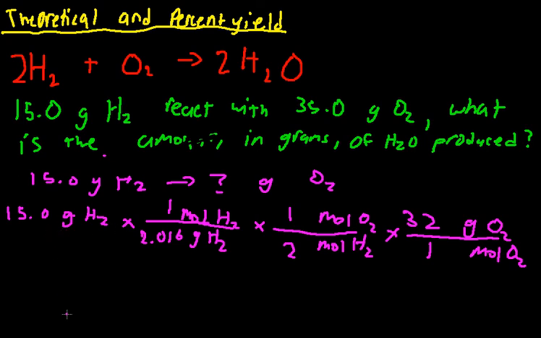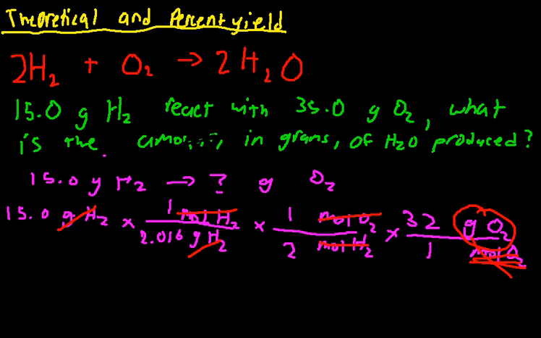So then we can start crossing things out. If I cross out grams of hydrogen, moles of hydrogen and moles of hydrogen, moles of oxygen and moles of oxygen, we are left with grams of oxygen. So then I just need to multiply this out.